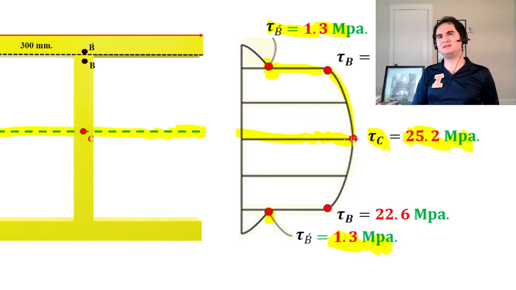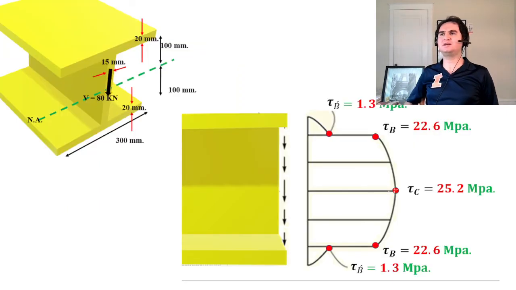And that again decreases because it's symmetrical and reaches the same amount of tau B at the top, and reduces as it enters the lower flange, it just reduces to 1.3 megapascal. And that was an interesting observation in the distribution of shear stresses in a wide flange I-shaped beam.